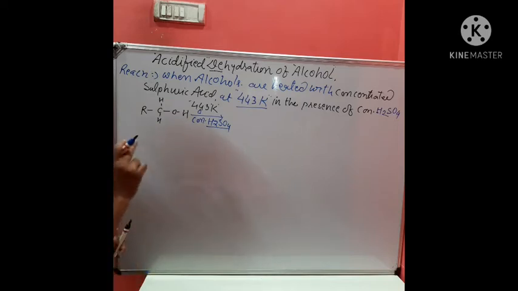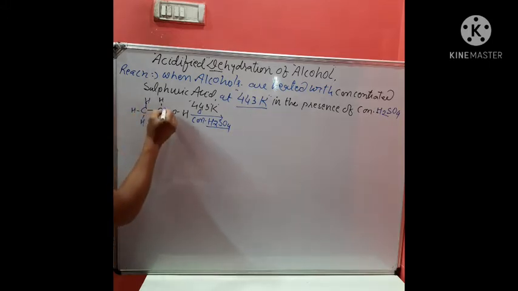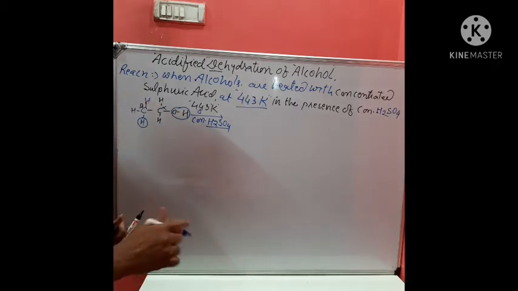In the dehydration, if I convert this to CH3CH2OH, then this carbon is called the alpha carbon and this carbon is called the beta carbon. So hydrogen from the beta position and OH from the alpha carbon eliminate simultaneously.